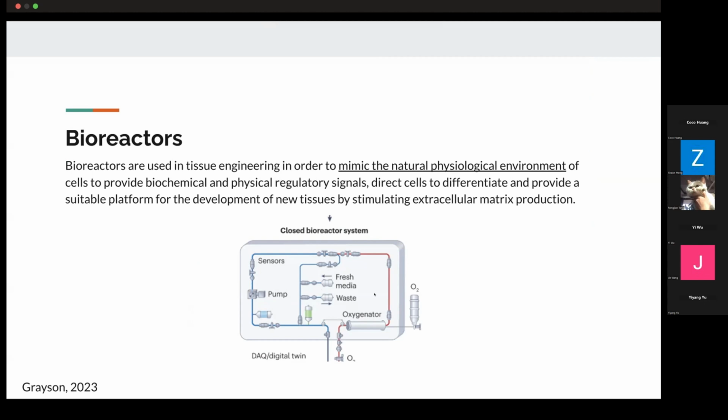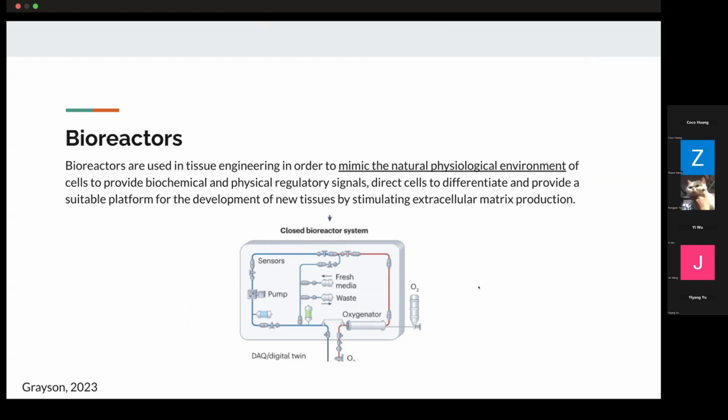And as we are in the human system, oxygen is also quite needed and needs to be regulated in the system as well. Unlike common industrial scale bioreactors, these lab scale bioreactors are quite small, and for each different type of tissue, the needs are quite different. So people usually use 3D printers to design their own reactors as a more economical and faster way to produce these.